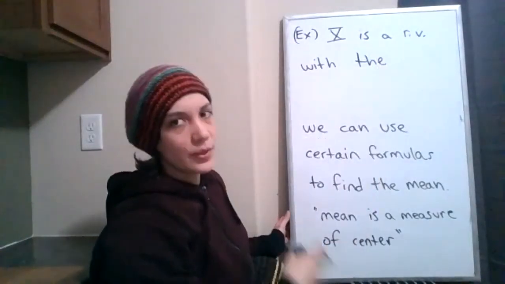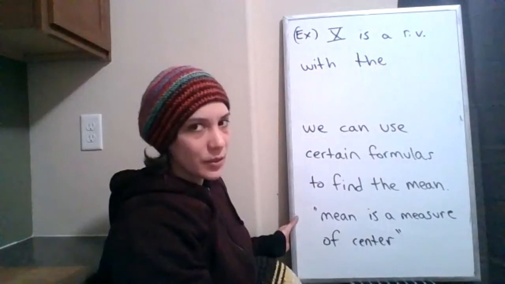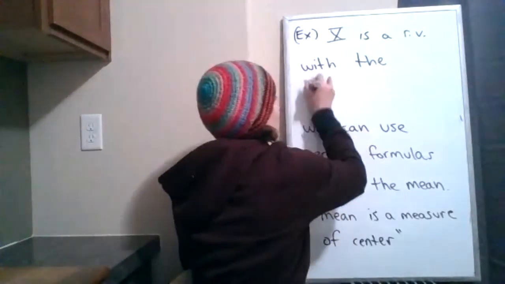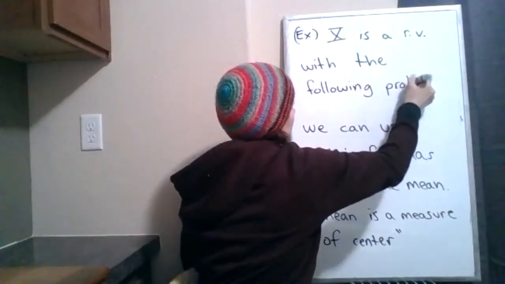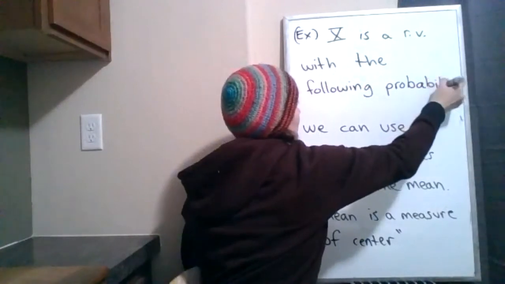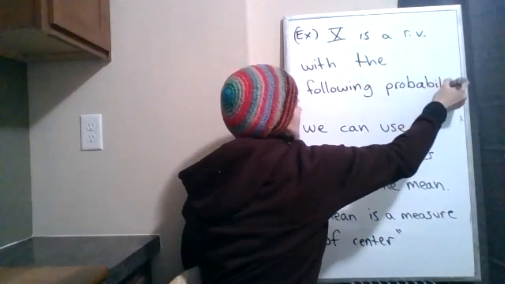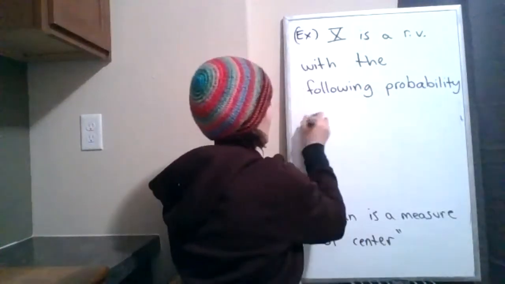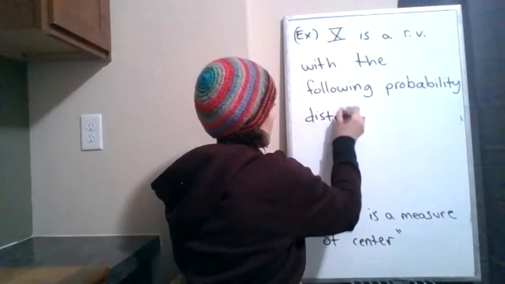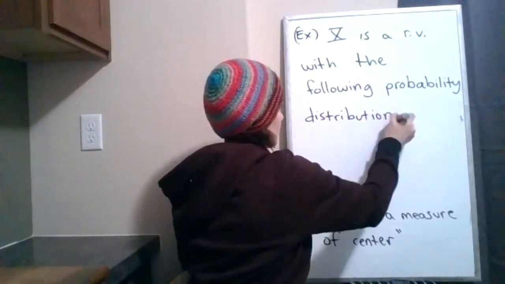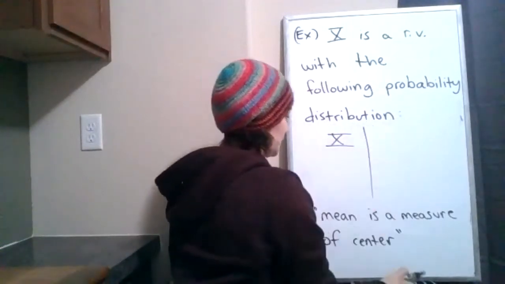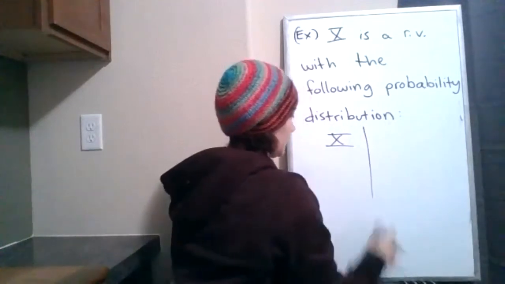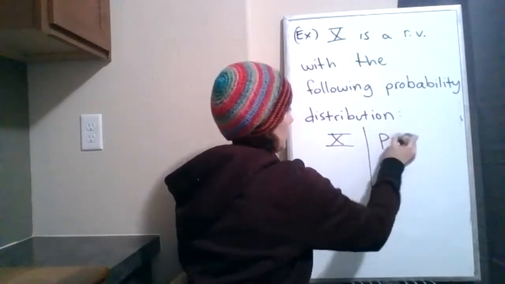X is a random variable with the following probability distribution for x.